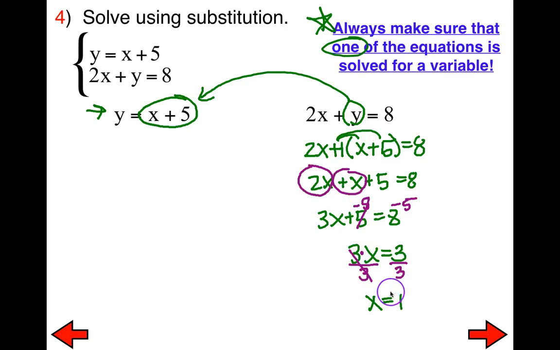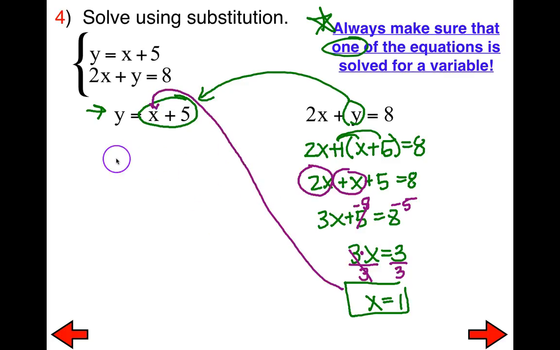Which is great, however, we're not done. I'm going to take this value and plug it into x here. So now I'm left with y equals, instead of x, 1 plus 5, which is 6.